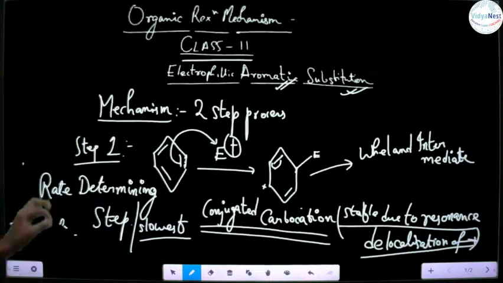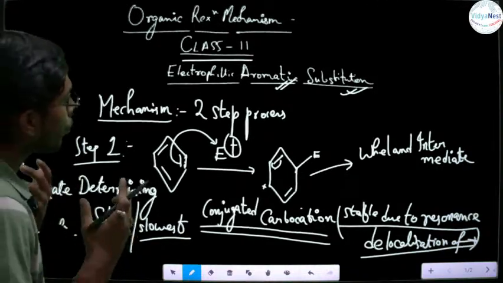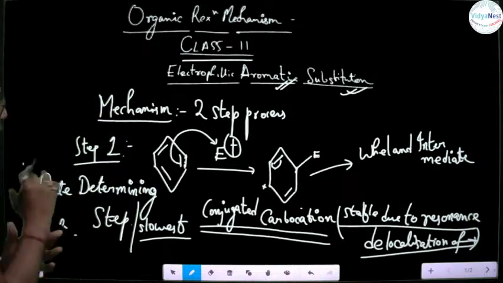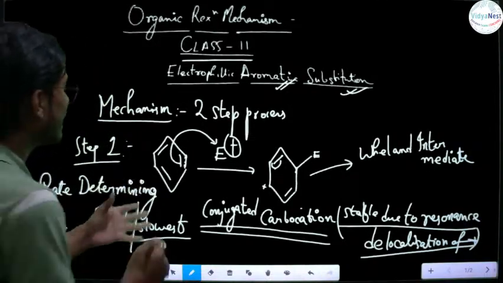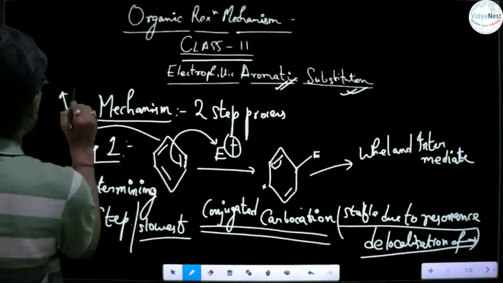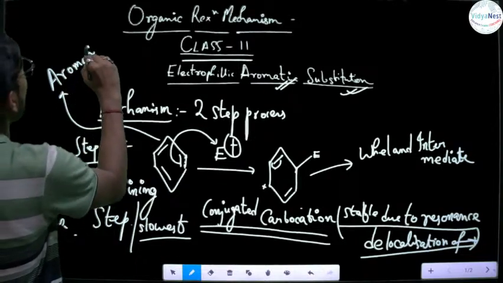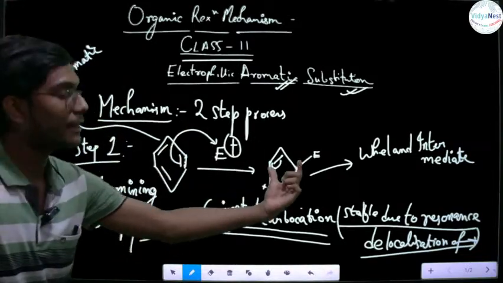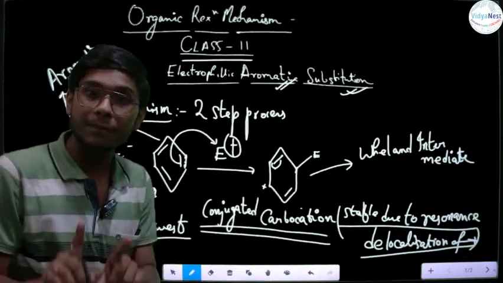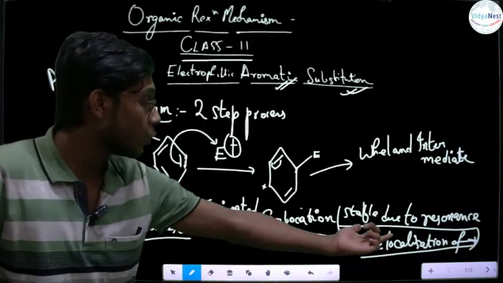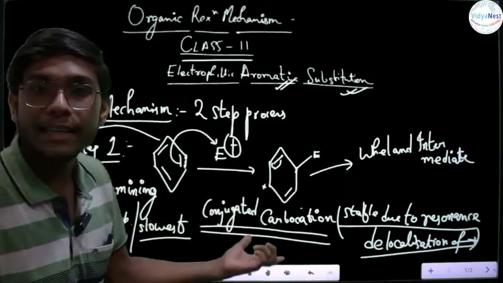Also, I would like to put up one point, which is a conceptual one. This benzene initially was aromatic in nature, right? However, when the electrophile comes and gets attached here, this intermediate formed is stable due to conjugation. I already wrote that. However, it is not aromatic anymore, right?